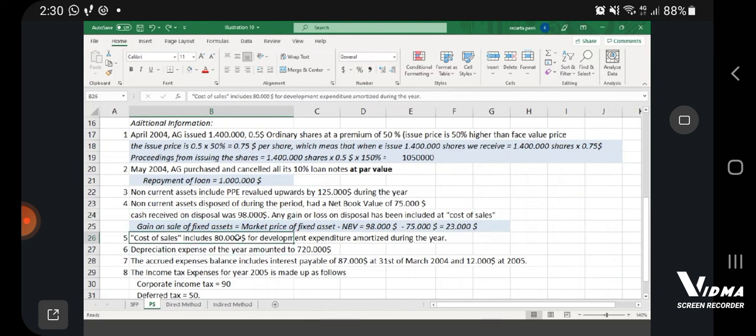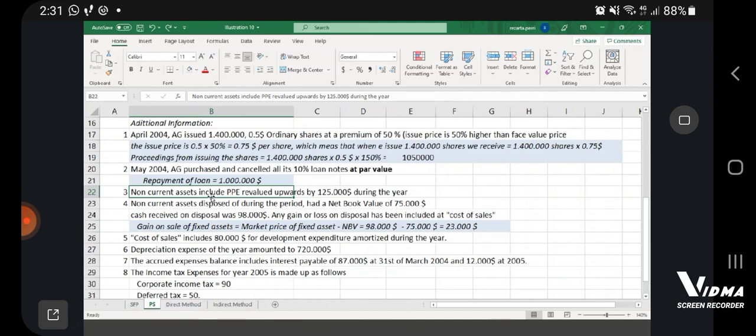Be careful. We also have a revaluation somewhere. Here we have a revaluation, but that is going to be included in the revaluation reserve and other comprehensive income. That is an item right at the bottom of the income statement. Revaluation reserve, we mentioned in class, is not part of cost of sales.